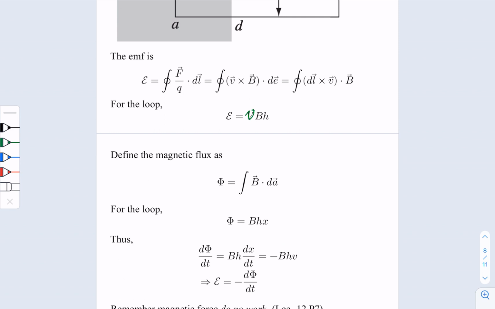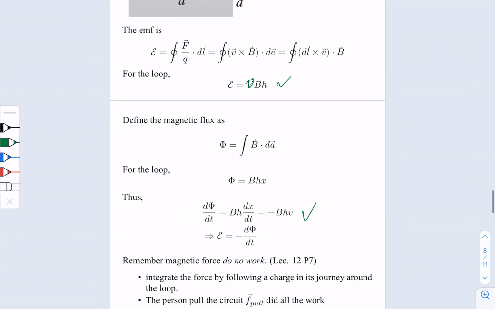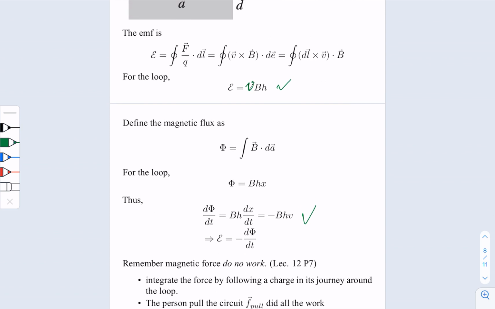Now if we combine the equation here and the equation over here, we can see that the EMF equals the negative of the change of the flux, dΦ/dt. But I want to remind you that the magnetic force actually didn't do any work in this process.